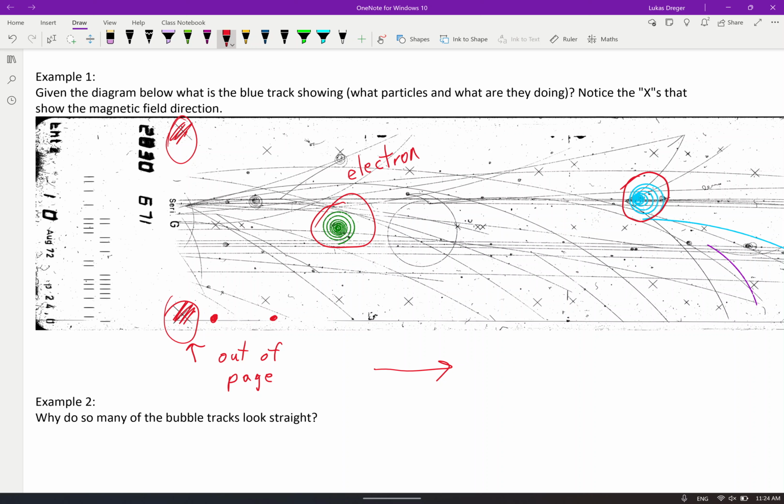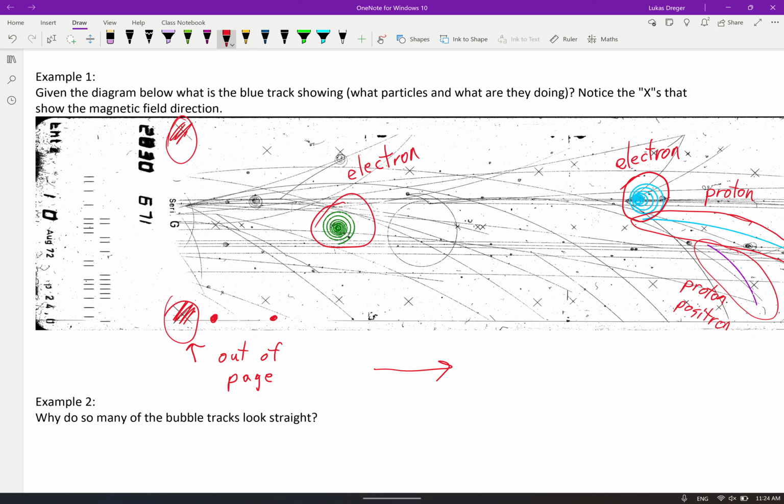This here is also probably an electron. Okay, this here could be a proton, most likely is a proton, or a positron. And this part here looks to me like a proton.